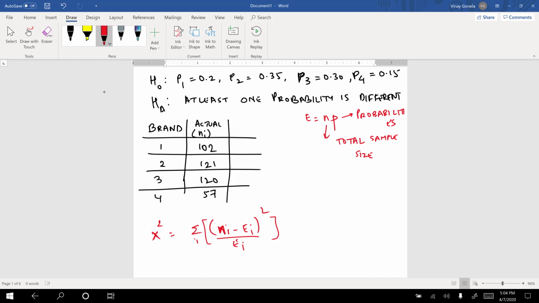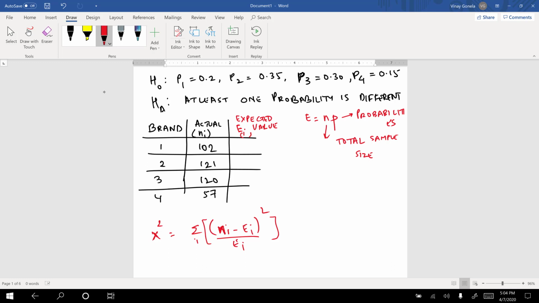So to calculate E, I will calculate EI here. This is the expected value, which is given by EI.